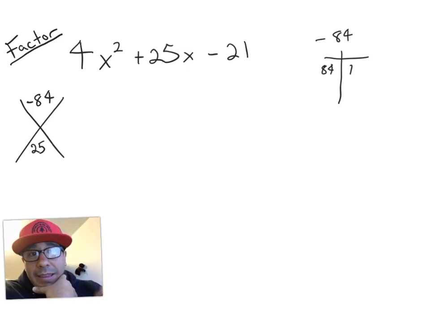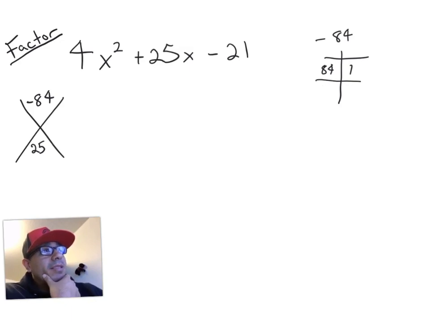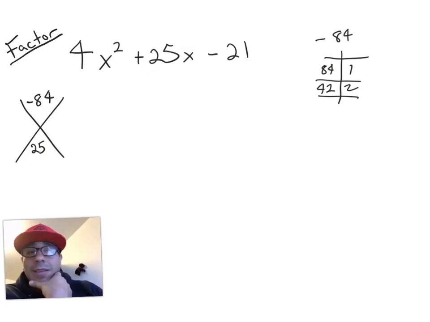We'll put the signs at the end. So anyway, 84 and 1 could give me 25? Nope. So now let's divide 84 by 2, and we're going to get 42. So 42 and 2. If I put some signs in front of here, can I get that 25? Nope, not happening. Let's continue. Let's go down our list.